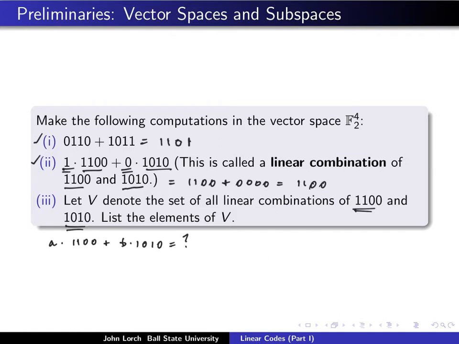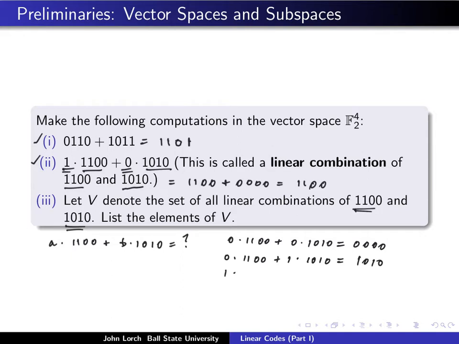So we start with A and B equaling 0. And this is going to give us the 0 vector. And then how about 0 times the first plus 1 times the second? So that's going to be the 0 vector plus 1, 0, 1, 0. So that just gives us this.